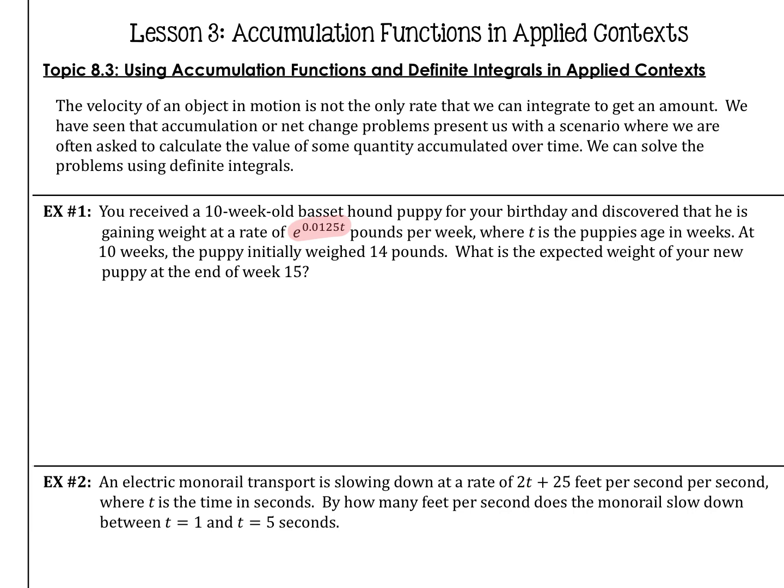So we know that the puppy originally weighs 14 pounds. So he's already 14 pounds. Now we are going to find the accumulation of the weight that is added each week after week 10. Okay? So that means we're going to need to add the integral from week 10 to week 15 of this rate, e to the 0.0125t dt.